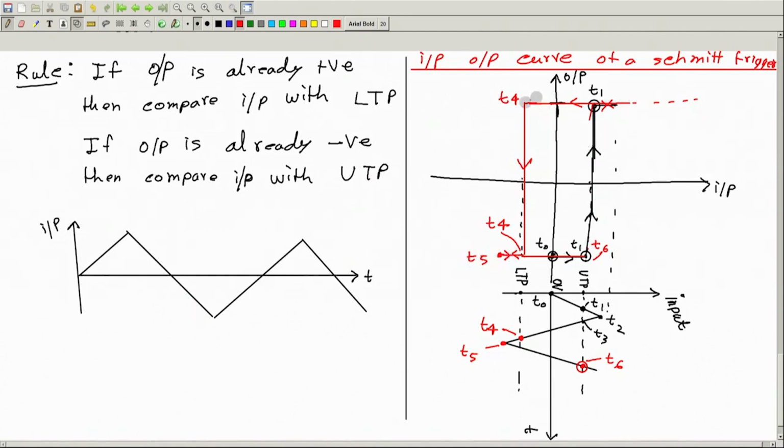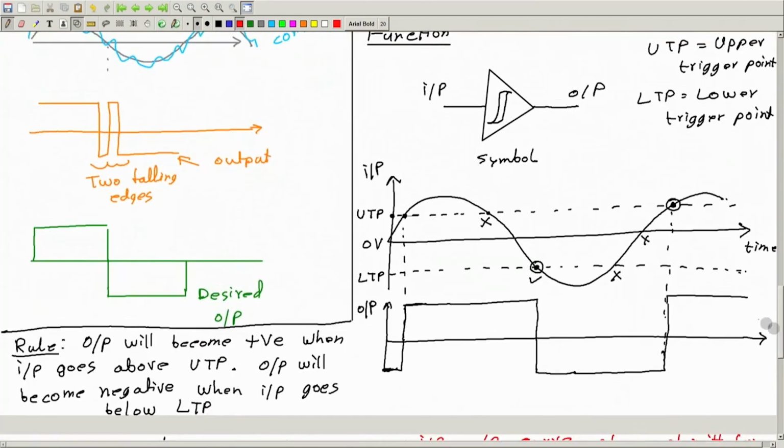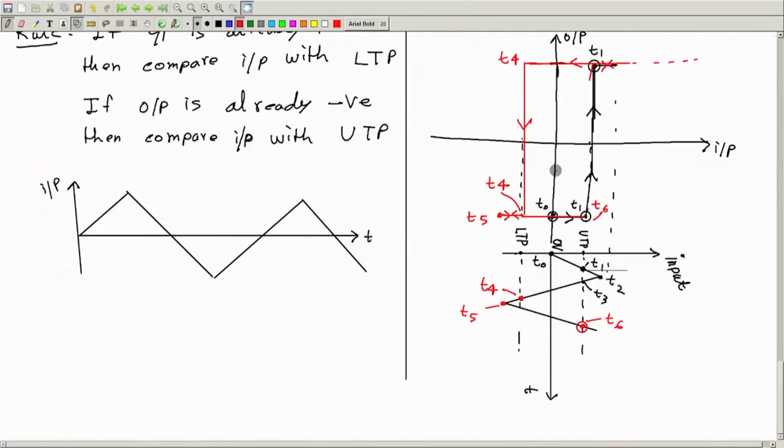This is called a hysteresis band, hysteresis loop, of a magnetic material. For a magnetic material also it looks similar, that's continuous, that's smooth. Here it's discrete, but it's similar. That's why we draw the symbol inside this Schmitt trigger. Okay, this is how the input output characteristics look like.